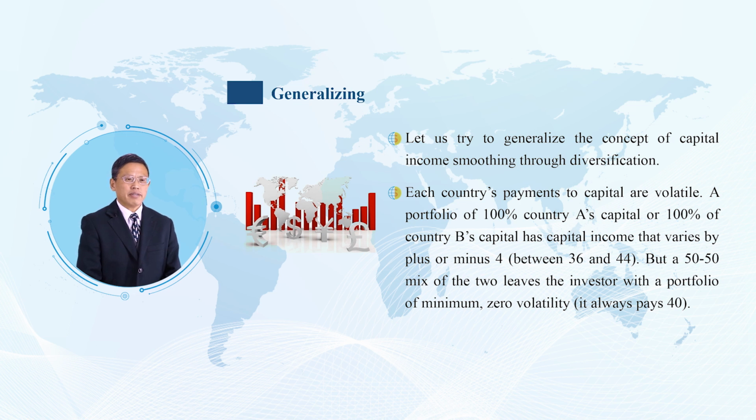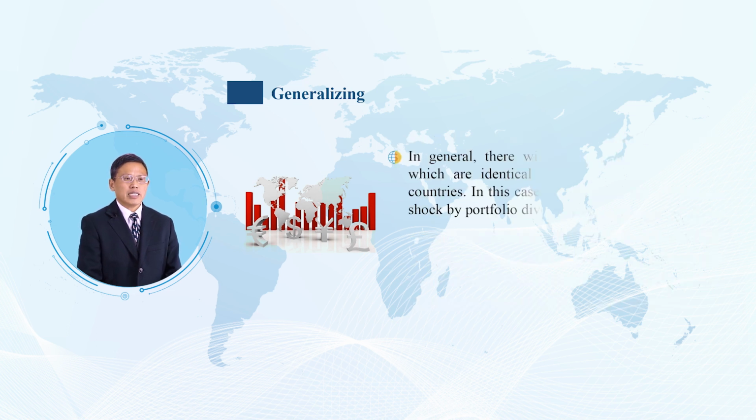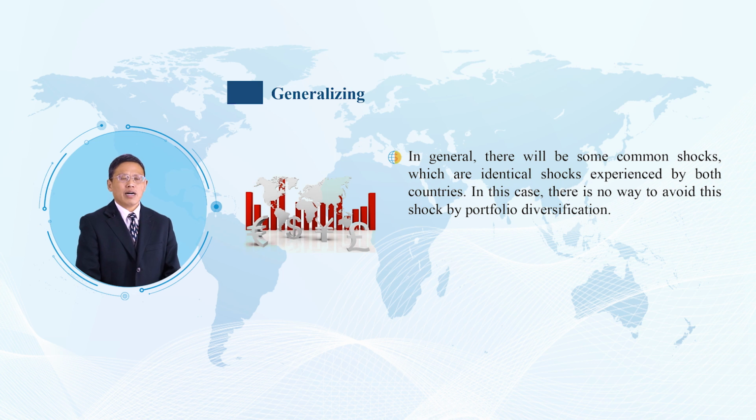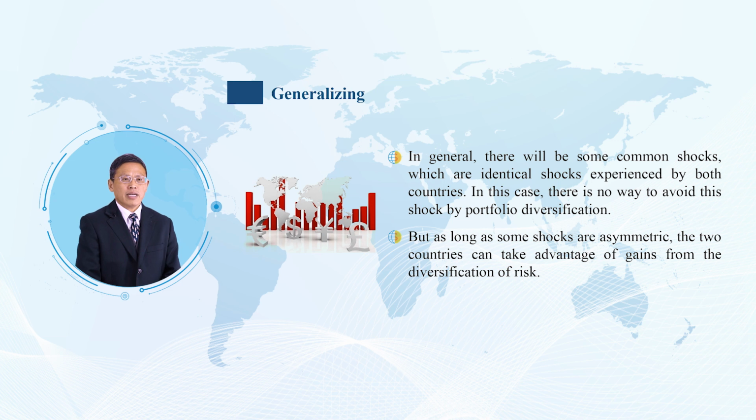It always pays 40. In general, there will be some common shocks, which are identical shocks experienced by both countries. In this case, there is no way to avoid this shock by portfolio diversification. But as long as some shocks are asymmetric, the two countries can take advantage of gains from the diversification of risk.